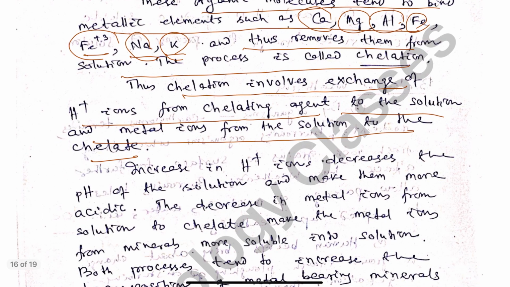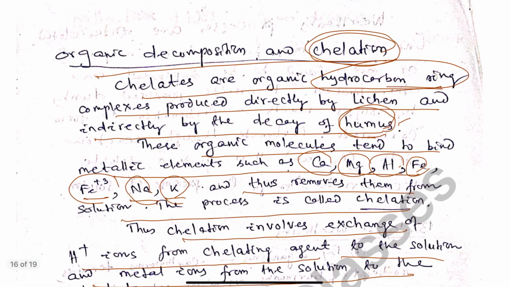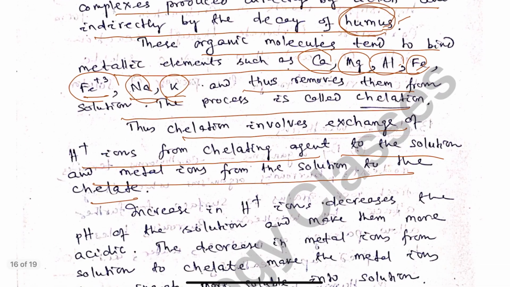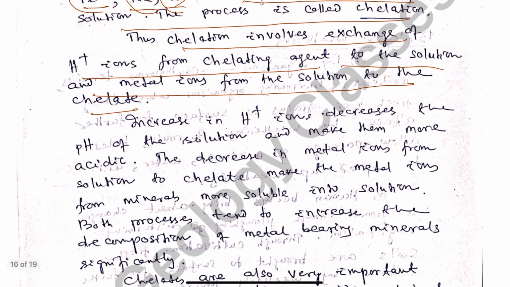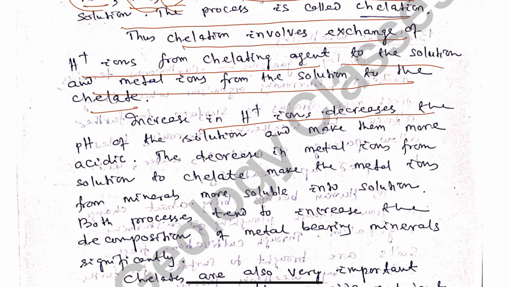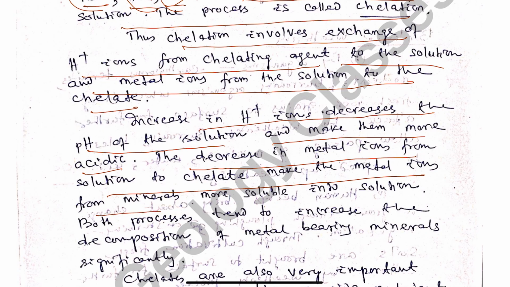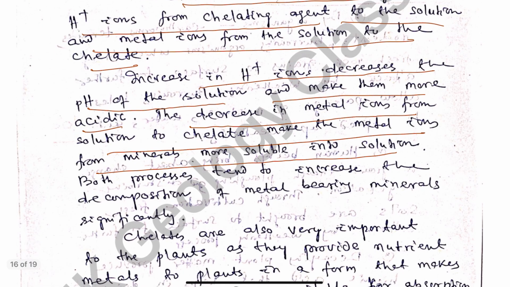These metallic ions are brought from the minerals to the hydrocarbon ring. The increase in H plus ions decreases the pH of the solution and makes it more acidic. The decrease in metal ions from the solution to chelate makes the metal ions from minerals more soluble into the solution.